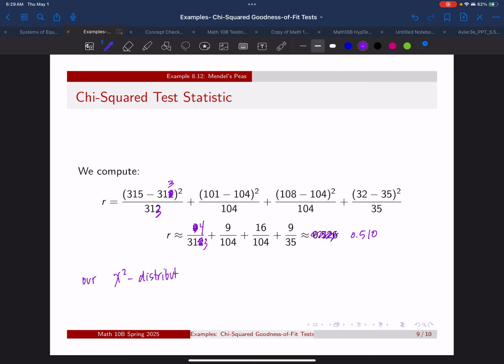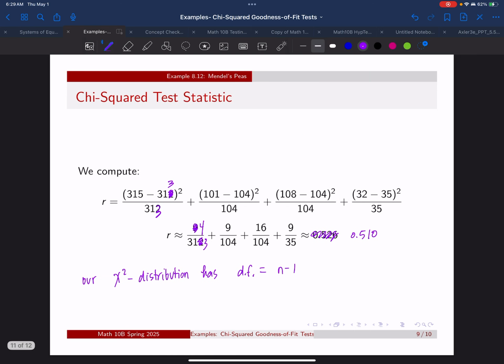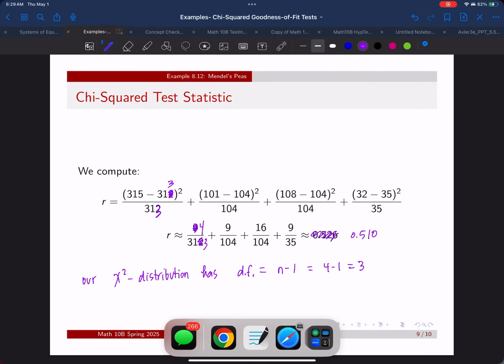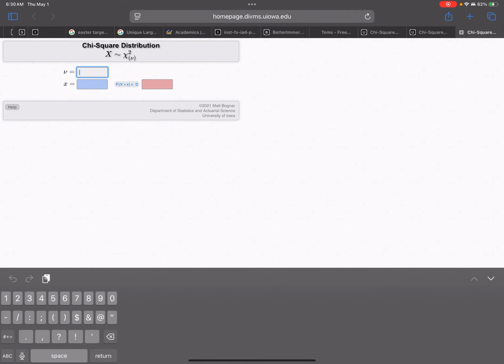Three. So if we go back here, chi-square, we're looking at 3 for our degrees of freedom. And the x we had is 0.5. So our distribution here is going to be 0.5.